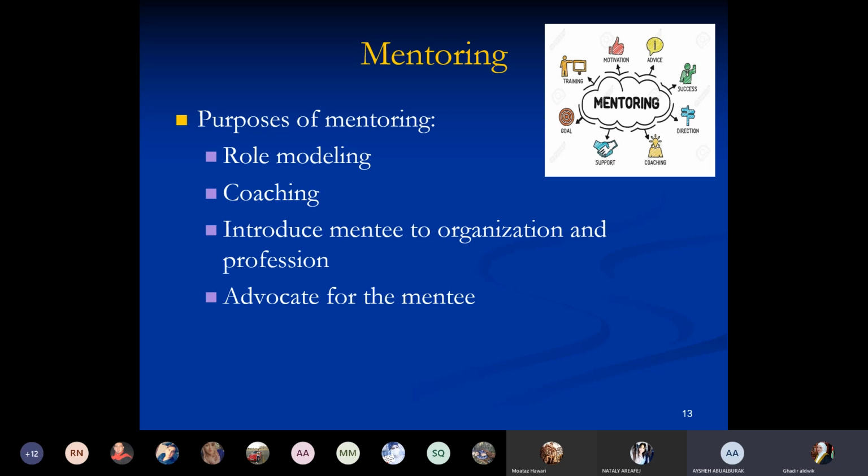Anyone else rather than Aisha? Training also. Training, yes. What else? Support to achieve a goal, exactly. Identify and achieve goals, exactly.